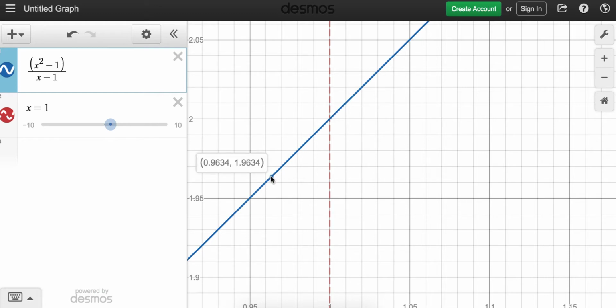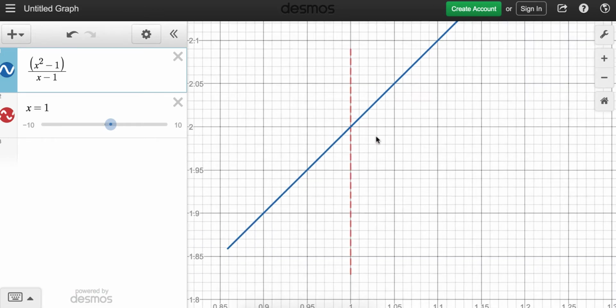But if I approach it from the left-hand side, well, as I get closer and closer to 1, so right here my x value equals 0.9644. As I get closer and closer to 1, so if it becomes 0.9999, okay, my y value gets closer and closer to 2.